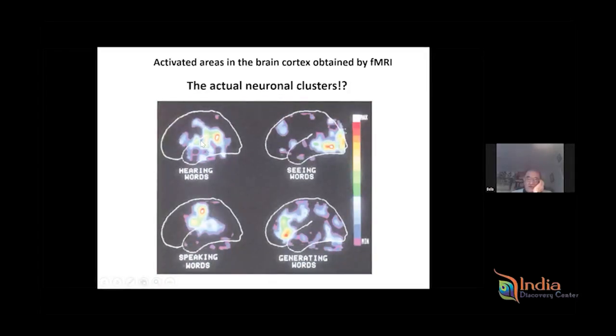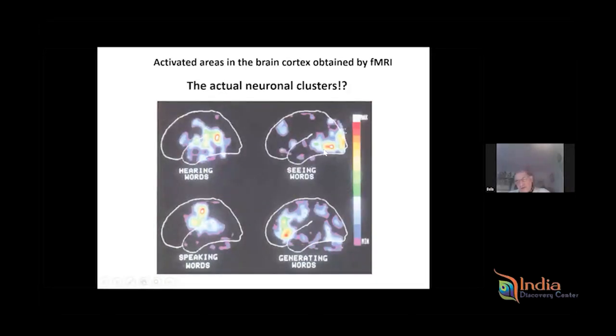So not only is the primary auditory cortex active, but also the parietal, occipital, temporal cortex border, and here the sensory and motor cortex activation. So a huge number of cells got activated synchronously.